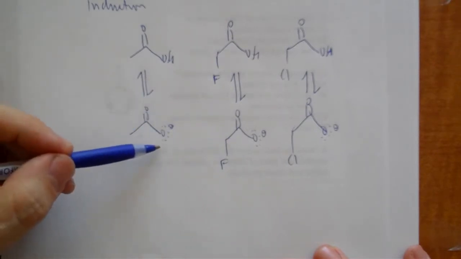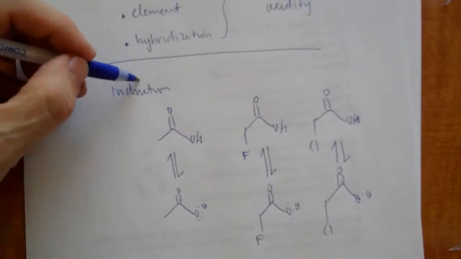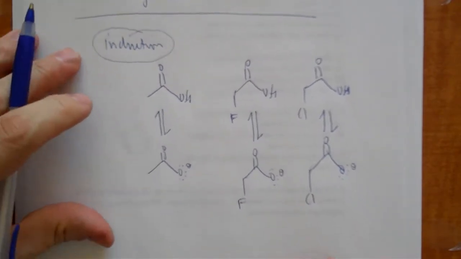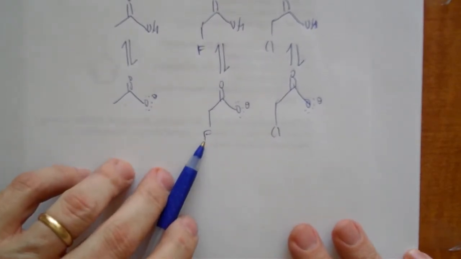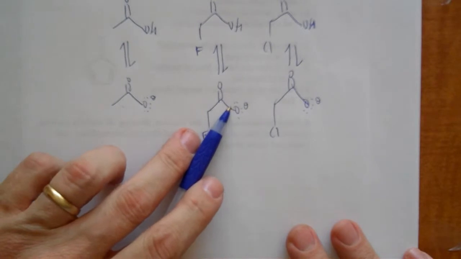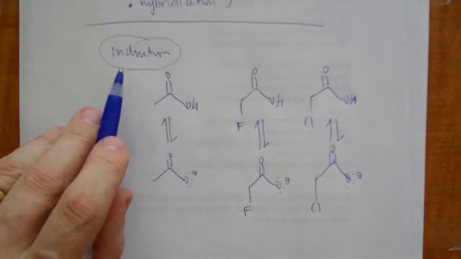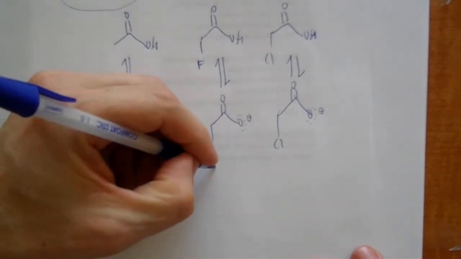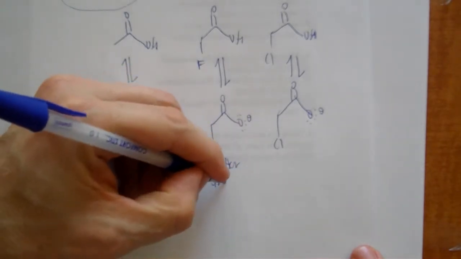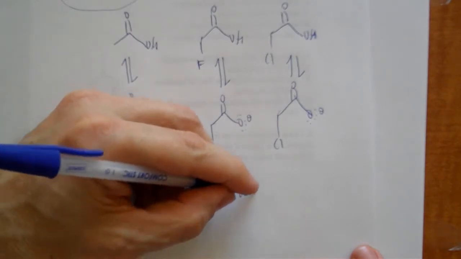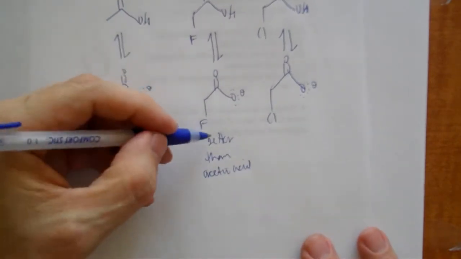So something that's going to pull those electrons away via induction is going to be good. Fluorine's electronegative. It pulls the electrons out through the sigma bonds via induction, and that makes this a better acid than acetic acid.